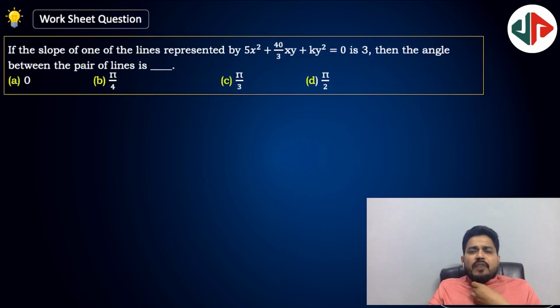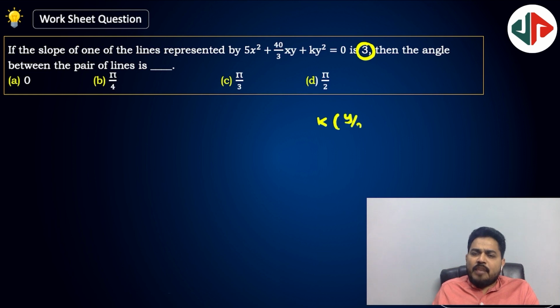If the slope of one line represented by it is 3, then the angle between the pair of lines? So if the slope of one line is 3, I can write it as k times y by x whole square plus 40 by 3 times y by x plus 5 is equal to 0.